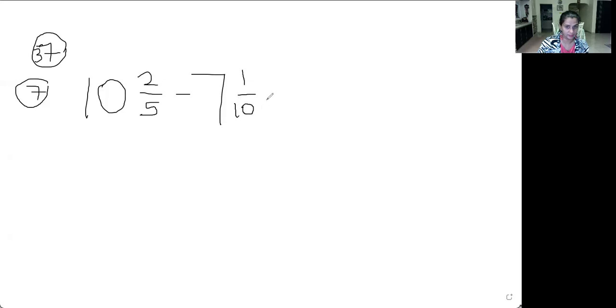Another mixed number, minus 2 3/5. Now, a lot of mixed numbers. The easiest way to do this would be to change everything to improper fractions. We can try doing that. So let's try this method. What if I change everything to an improper fraction?